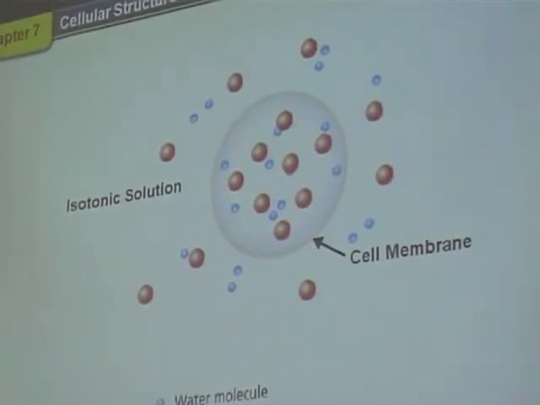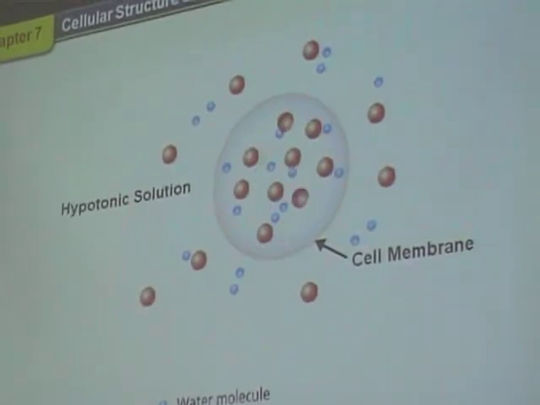The diffusion of water into and out of a cell occurs at an equal rate. The cell retains its normal shape and pressure. In a hypotonic solution, the concentration of dissolved substances is higher inside the cell than the concentration of dissolved substances outside the cell. Water passes through the cell's plasma membrane into the cell, causing the cell to swell.